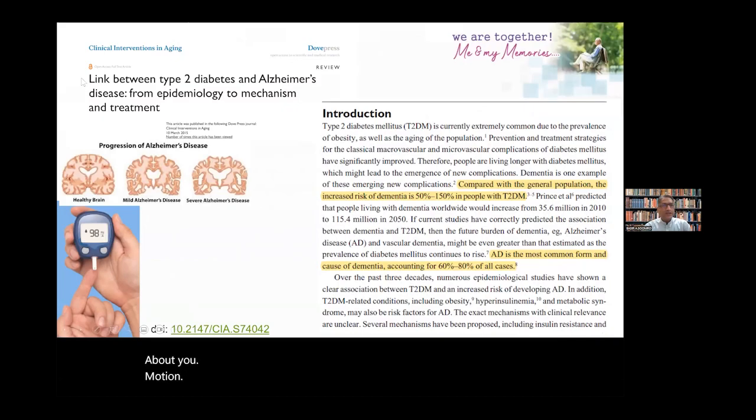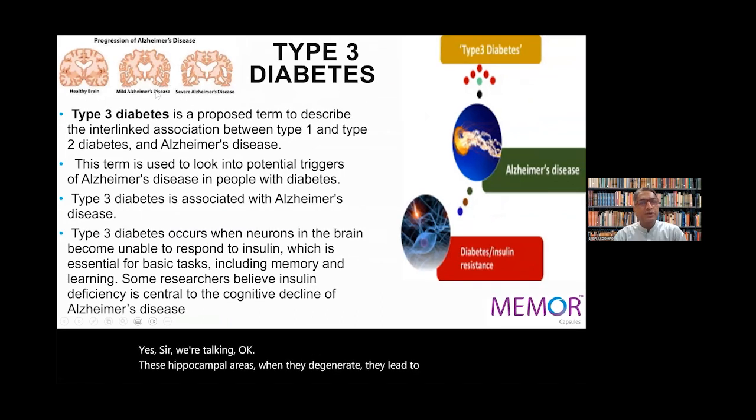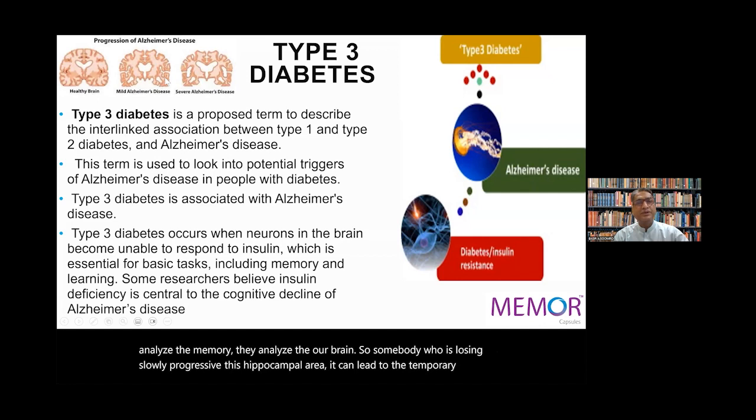And when these hippocampal areas degenerate, they lead to the degeneration also of the temporal lobes and the frontal lobes. So frontal inhibition is very important for us, and the temporal lobes are very important because they analyze the memory, they analyze our brain.